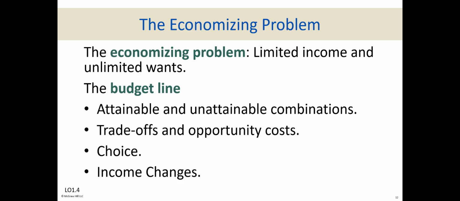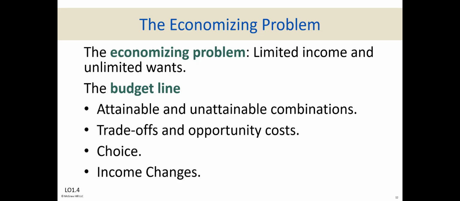So next we will talk about an economizing problem, but this time we will focus on the individual. Okay. So remember, you as a person have a limited income and you have unlimited wants. So we need to talk about a budget line. Budget line shows how much you can buy of different combinations of goods given the income you have. The budget line is the line that represents you spend all your income.